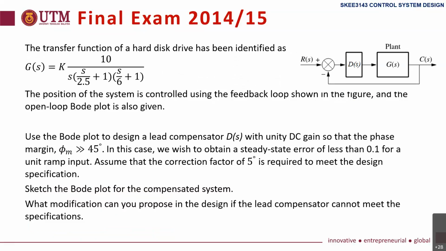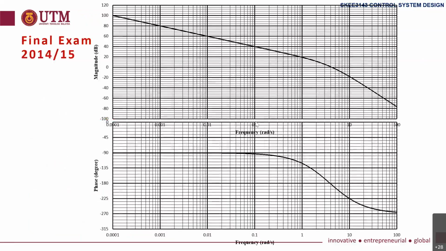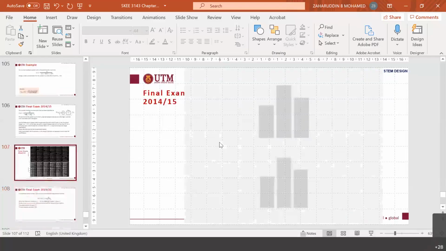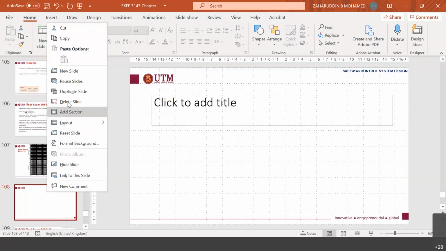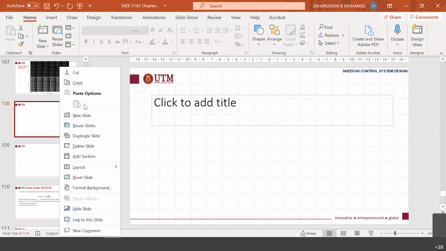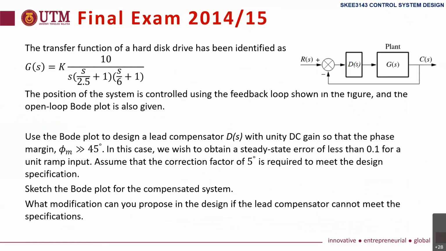Okay, let's move to one example. Final exam, 2014-2015. Given the Bode plot here, it is mentioned that the transfer function of a hard disk drive has been identified as this.